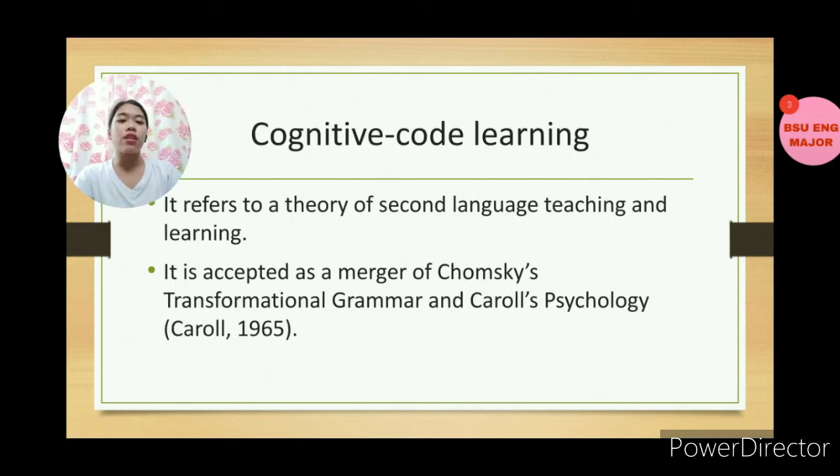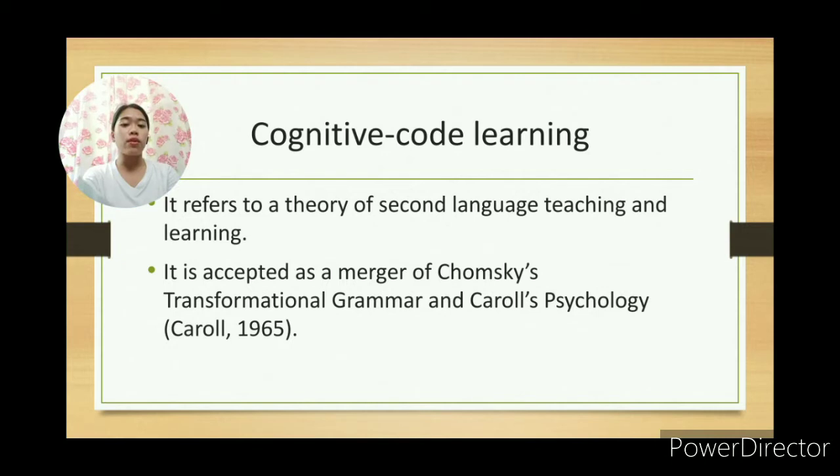Next one. It refers to a theory of second language teaching and learning. It is accepted as a merger of Chomsky, transformational grammar, and Carroll psychology, Carroll, 1965.